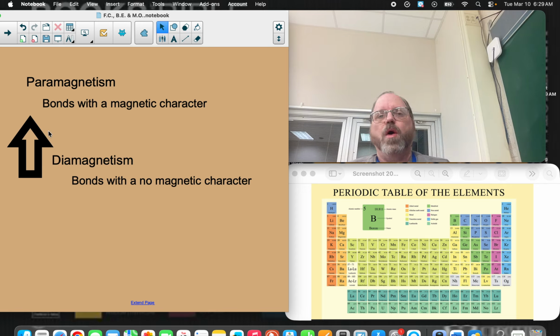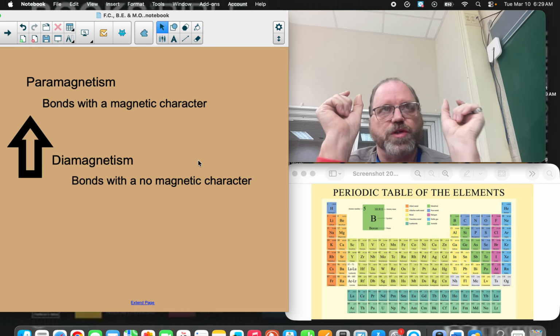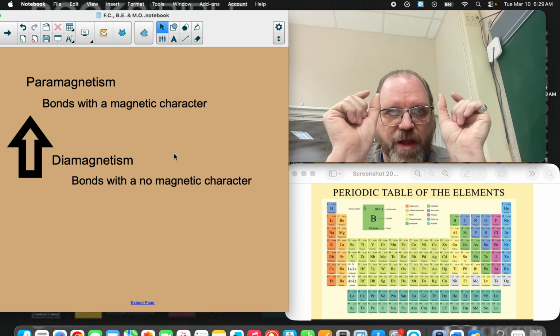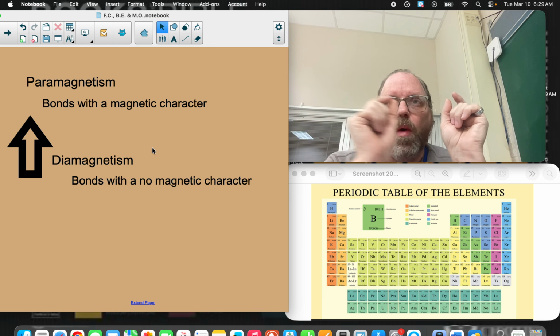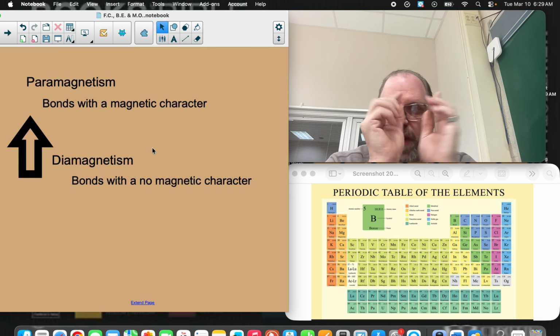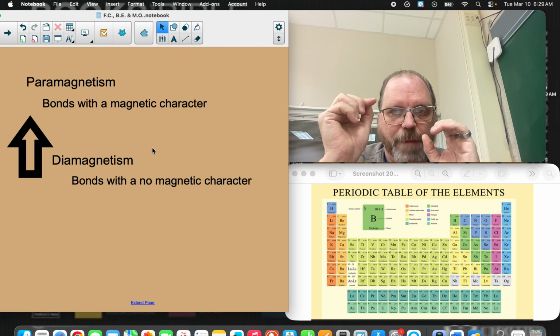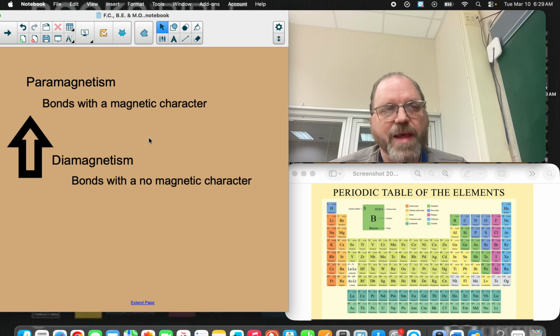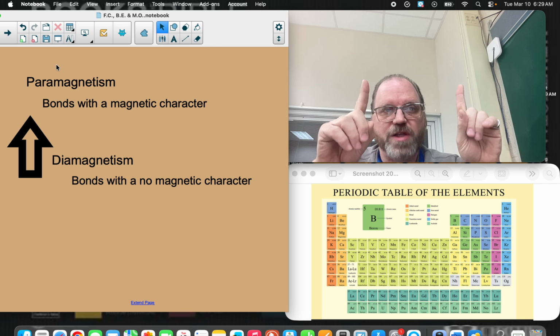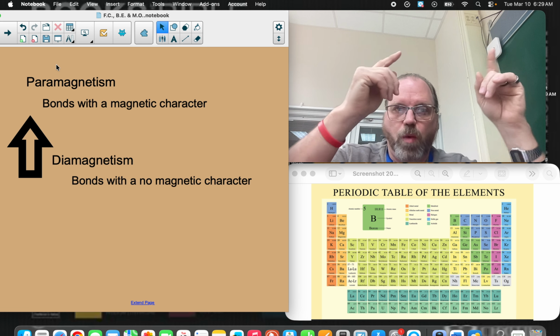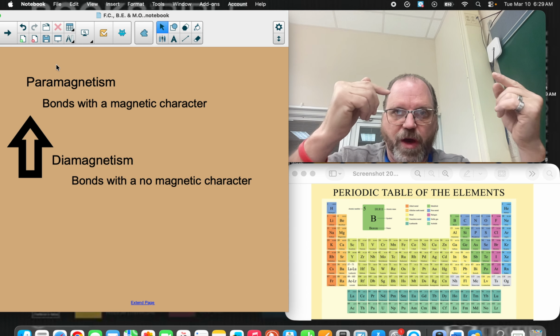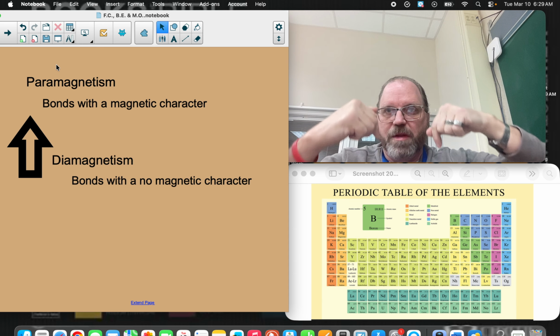How do we identify that? If you look at the structures, and they're either equal or both filled up, that is diamagnetic. We don't have an open spot. If we're in pi and one is open in each one, that gives an electron for another molecule to come in on the other side.